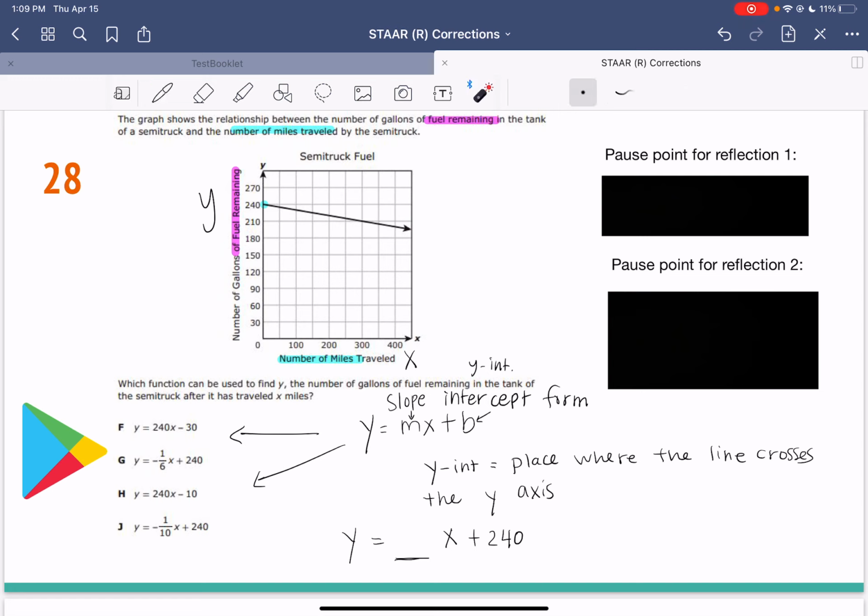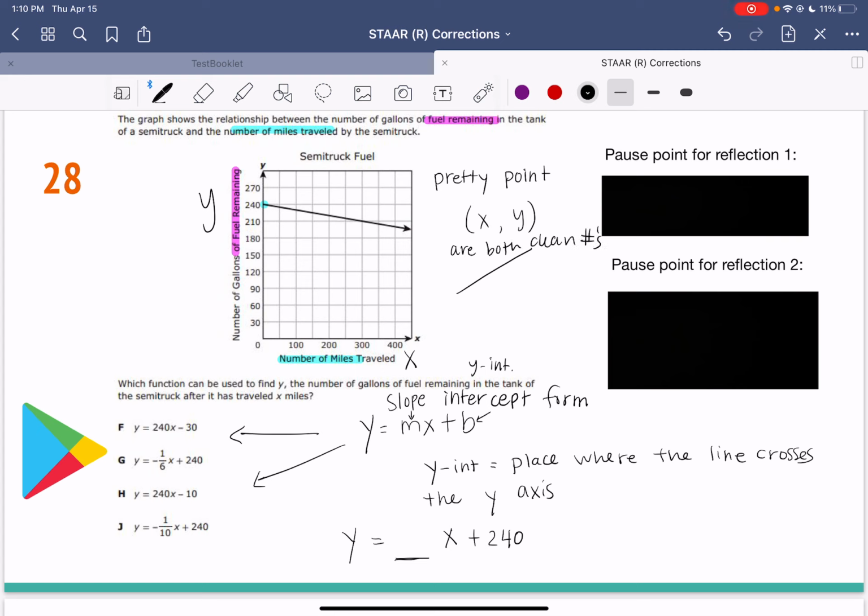So when we look at our line, we're going to start here, and as I go along, I'm looking for a place on the graph that would be considered a pretty point. A pretty point is where the xy coordinate lies on the line at clean numbers. So x and y are both clean numbers.